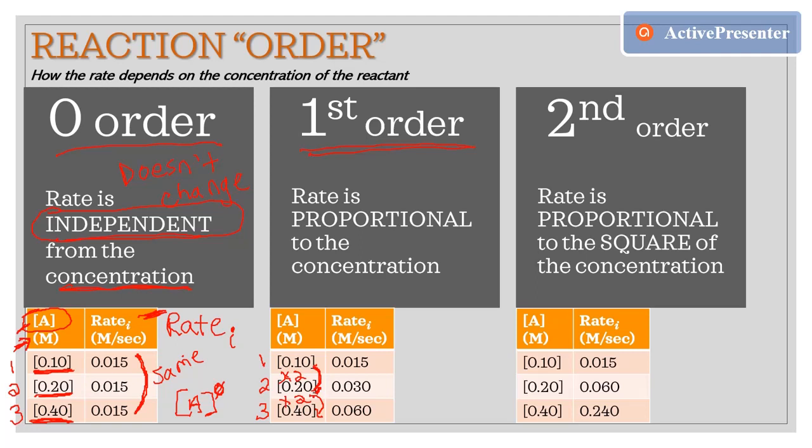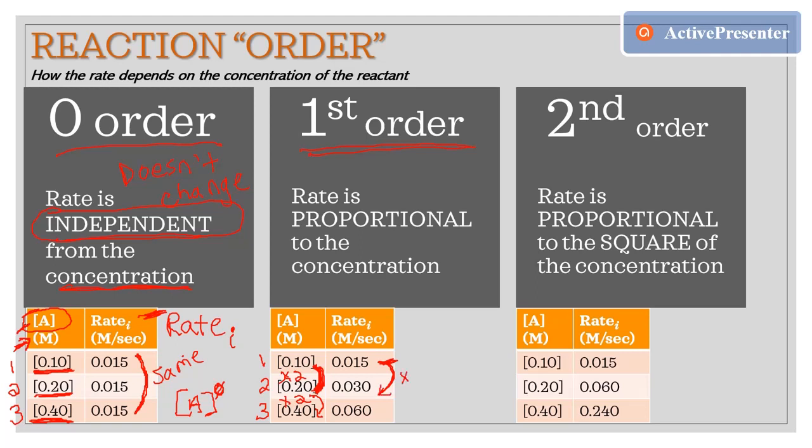Now let's look at what changes this brought about in the initial rate. The first experiment with a concentration of 0.1 gave us an initial rate of 0.015. Then in the second experiment, with the concentration of A being 0.20 molarity, the initial rate also doubled. Look at that, it went from 0.015 to 0.030.